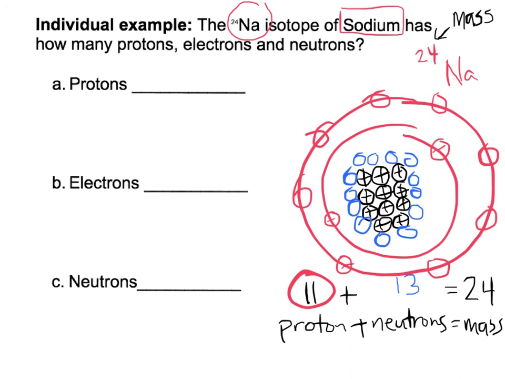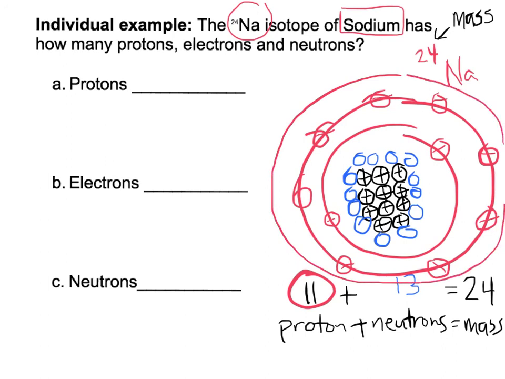So here are my next 8. And I know that 2 plus 8 is 10, so I need a whole other ring, sorry for the messiness, for just 1 more electron, and then I'll have my 11. So there's my picture. I wasn't asked to draw a picture, I was just asked to come up with how many of each I have. But now that I've drawn my picture, I'm confident that I have everything right.